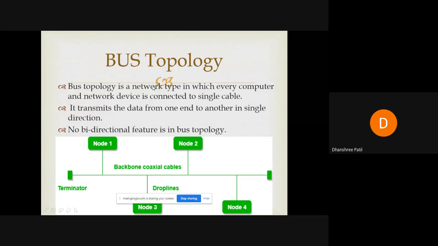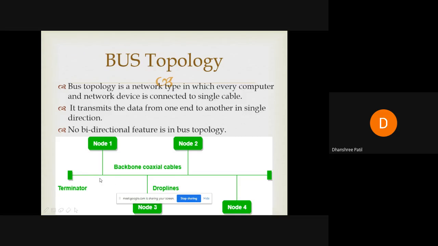Bus topology is a network type in which every computer and network device is connected to a single cable. You can see here only one cable is there, and to this one cable different nodes are connected.